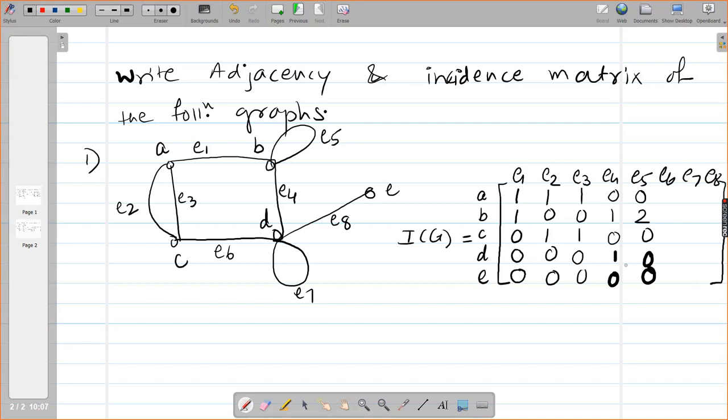Yes. Next, अगर 2 loops है तो क्या करेंगे? If there are 2 loops, अगर 2 loops है तो क्या लिखना चाहिए वहां पे? 4 लिखना चाहिए. समझा क्या?